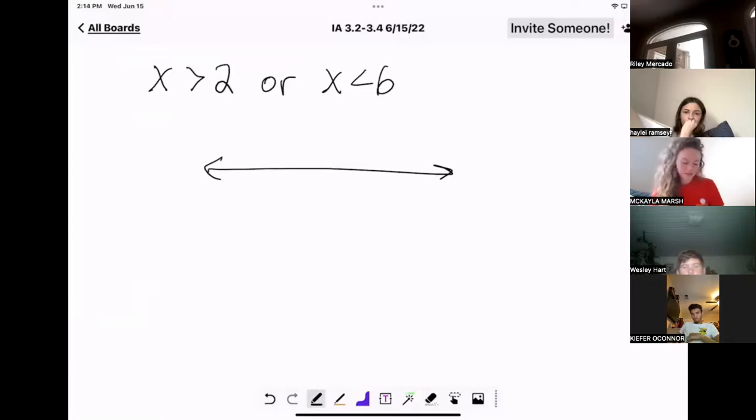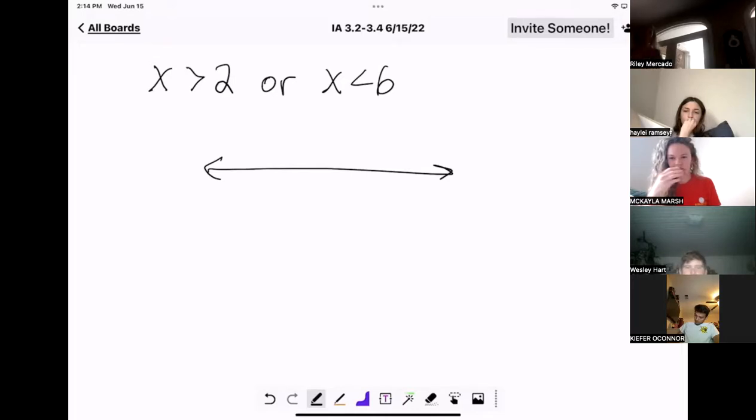And I was confused on this one because whenever you do it as the coordinates, it would have been 2 to infinity and then the U thing for the or, and then negative infinity to 6. So the place where it would have overlapped would have been the 2 to the 6. But the answer to the problem was negative infinity to positive infinity.